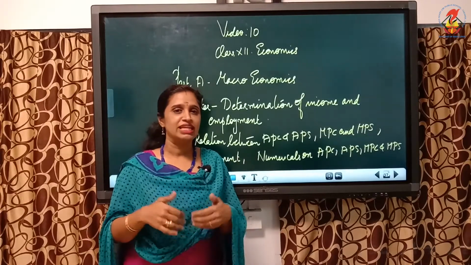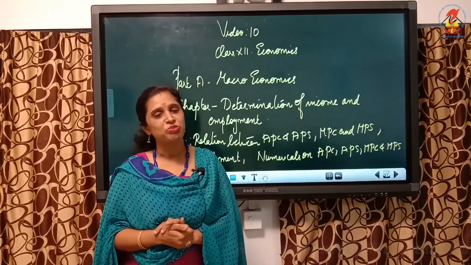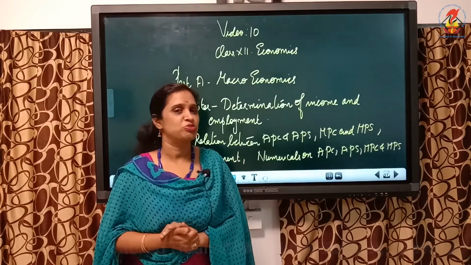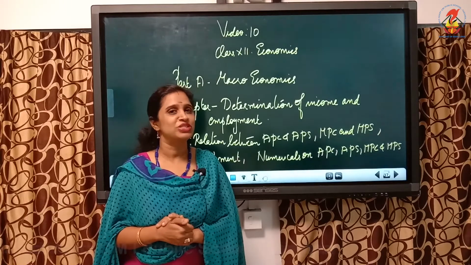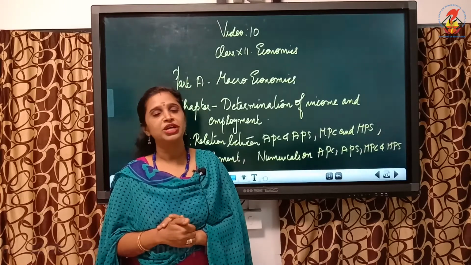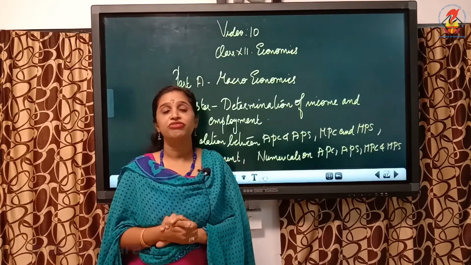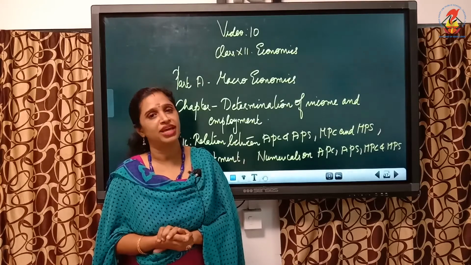Welcome back, children. In the last few classes you learned about propensity to consume, propensity to save, average propensity to save, average propensity to consume, marginal propensity to save and marginal propensity to consume. And you learned about the difference between these two, and a detailed study of all the propensities is done with the help of diagrams.